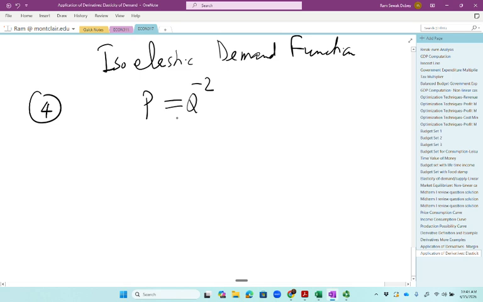So remember, I need to take the derivative of Q with respect to P. So I need to transform this inverse demand function into a demand function. Let's do that. So I can write P equal to Q to the power negative 2 as Q to the power 2 in the denominator, or I can multiply both sides by Q square. So P Q square equal to 1.